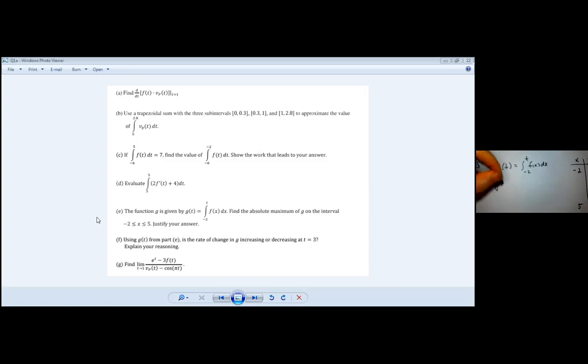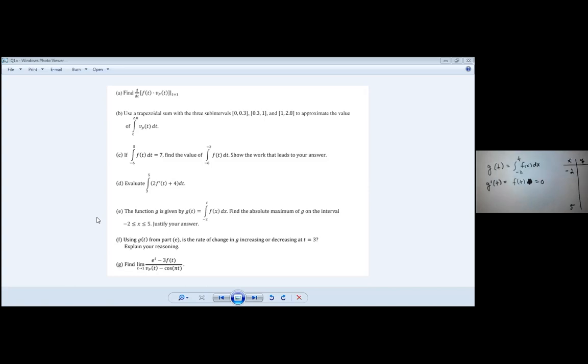G prime of T is equal to, G is equal to integral F, so G prime is equal to F of T. And we're going to set that equal to 0. So now G prime of t equals f of t, and we're setting it to 0.